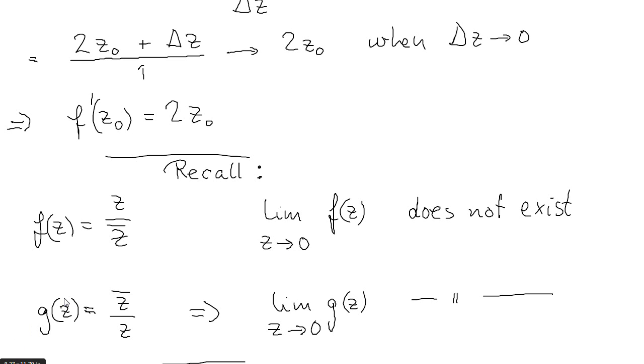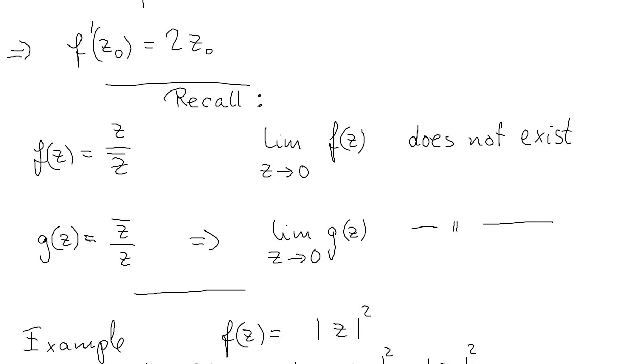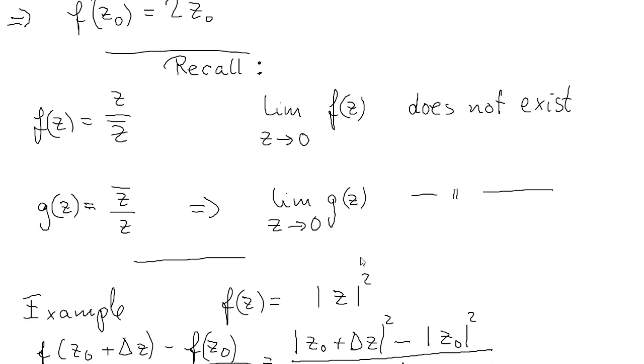The same happens for the function g(z) equal to the conjugate of z over z. It's exactly the same arguments which we use in order to show that this limit does not exist when z goes to 0.